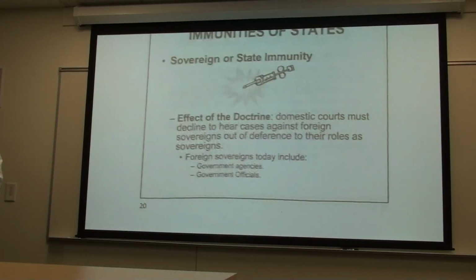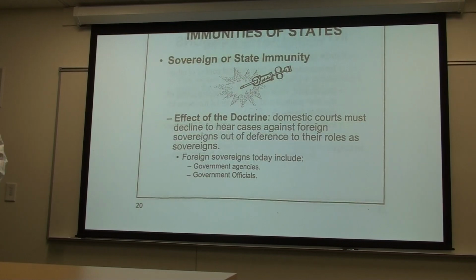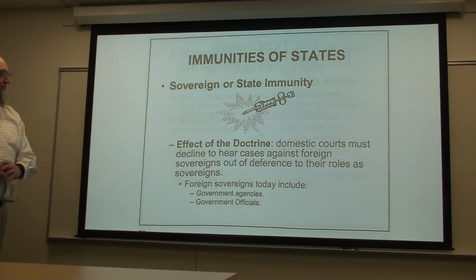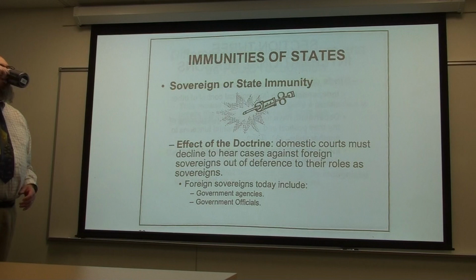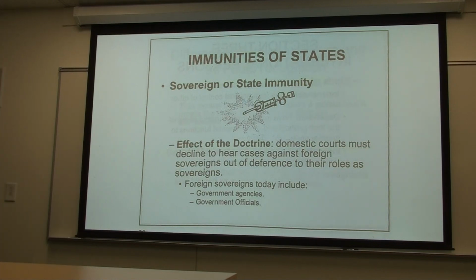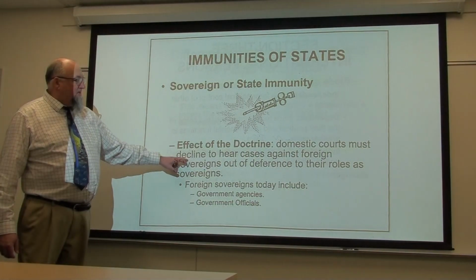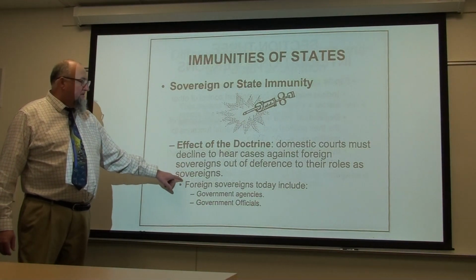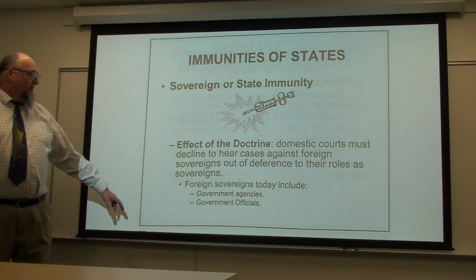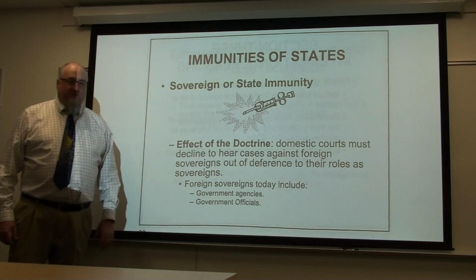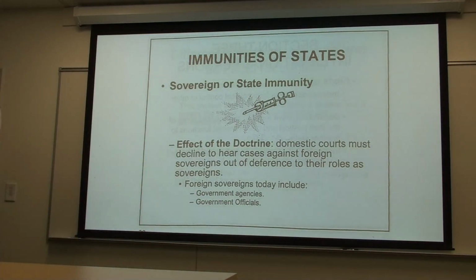So nowadays, under the doctrine of sovereign immunity, domestic courts must decline to hear cases against foreign sovereigns out of deference to their roles as sovereigns. That may include foreign agencies and foreign officials.